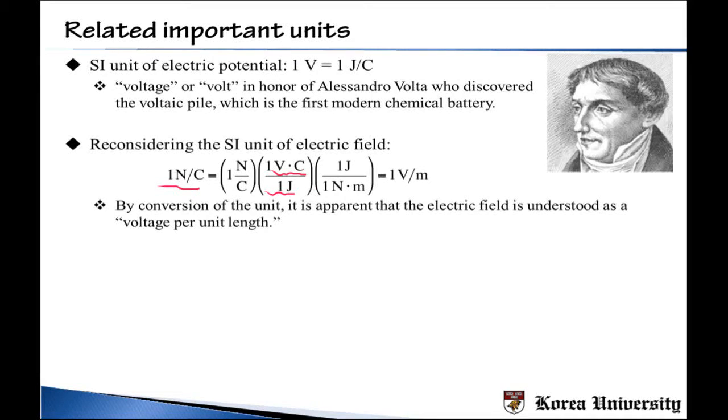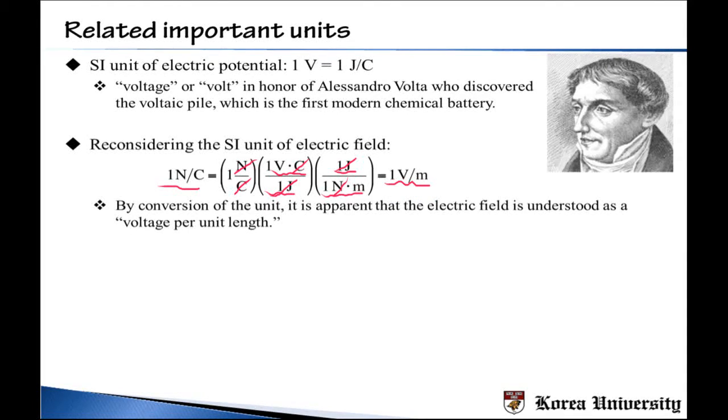From mechanics in the spring semester, we also learned that 1 joule is equal to 1 Newton multiplied by meter. Now the joules cancel out, the Newton cancels out, the coulomb cancels out, and what is remaining is just 1 volt per meter.